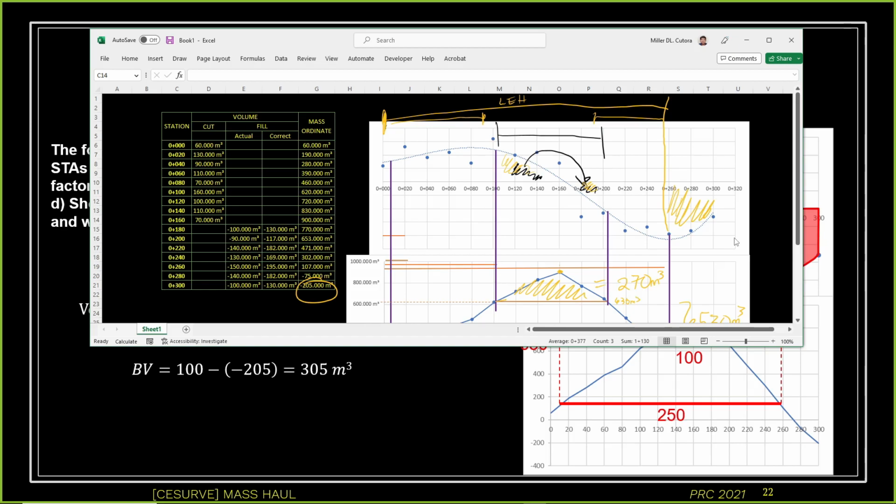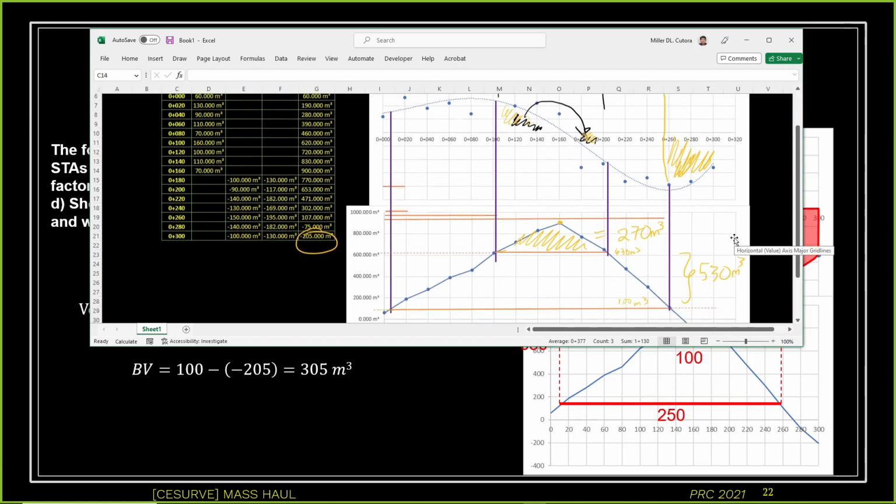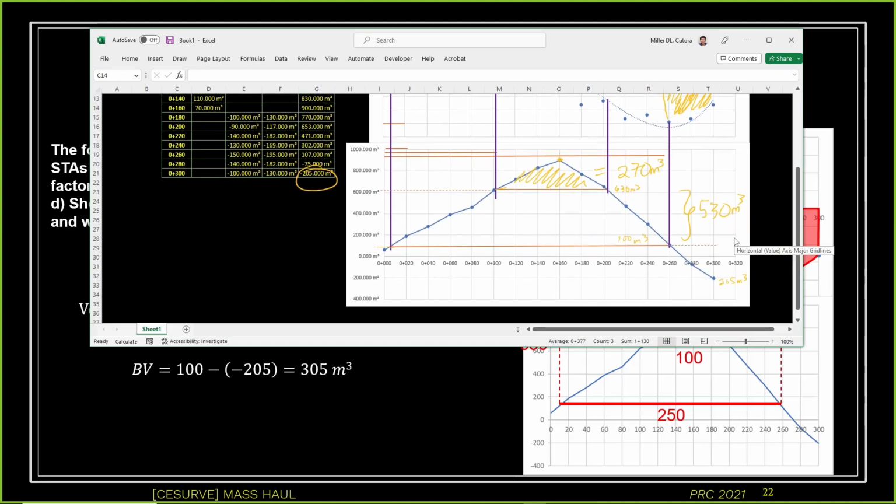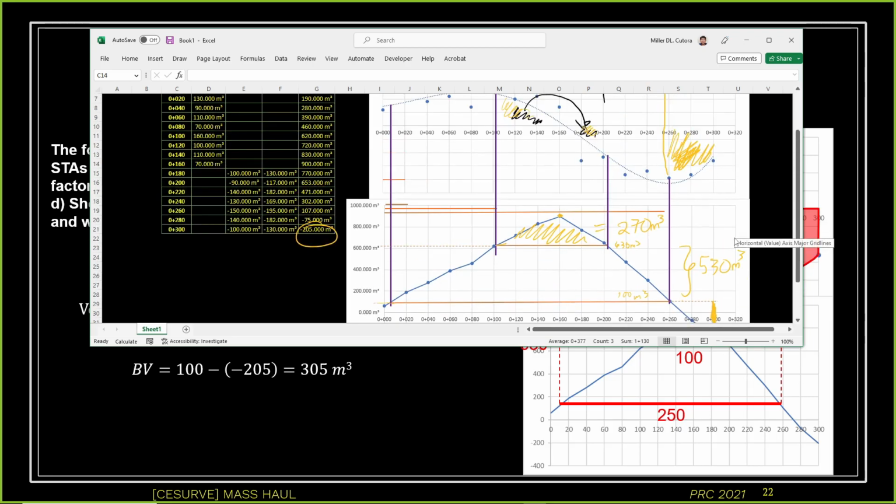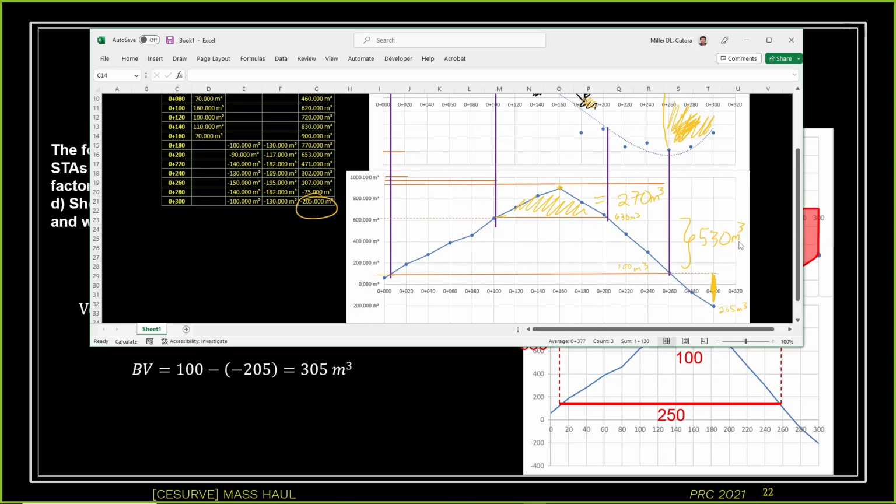Itong volume na to ang concern natin kasi ito yung volume ng ibabarrow. So, equal yan. Yung volume na to, itong sinishade ko, is equal to this. So, 305 minus 100 equals 205 cubic meter. Okay?